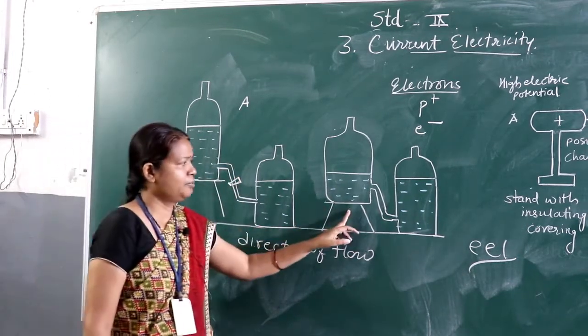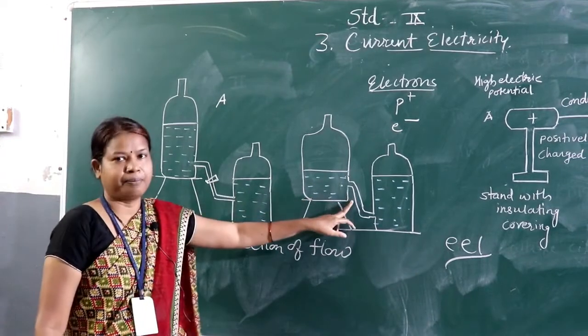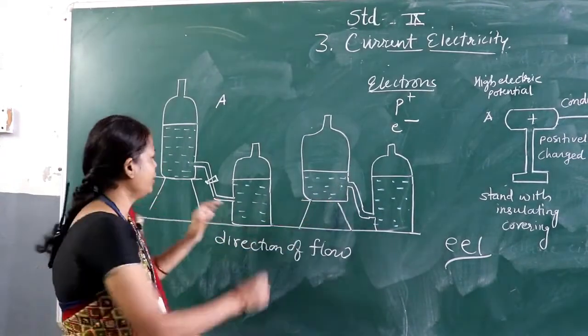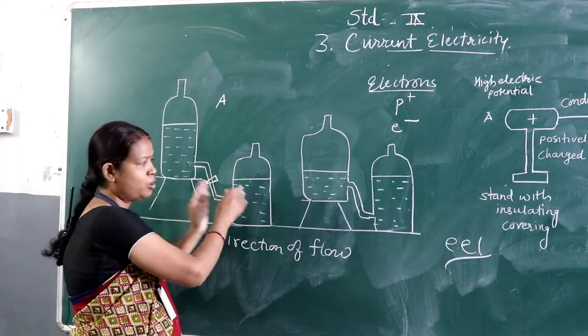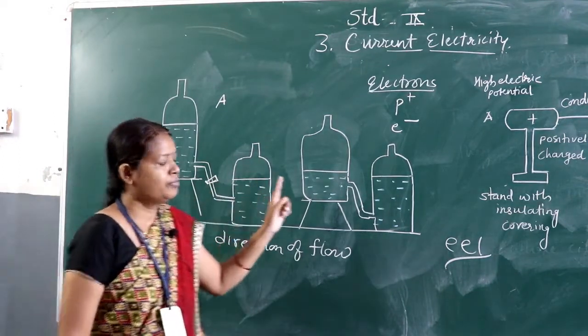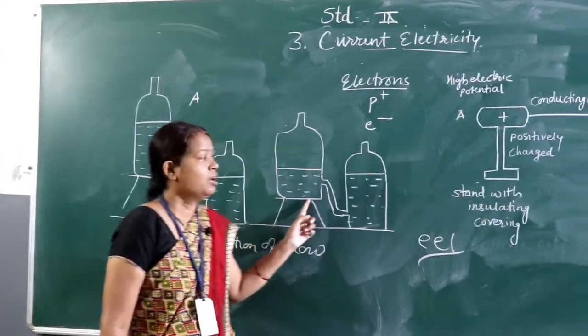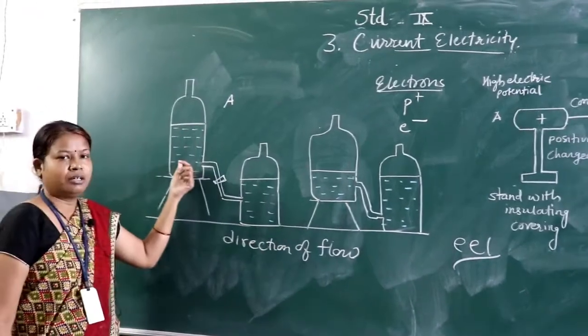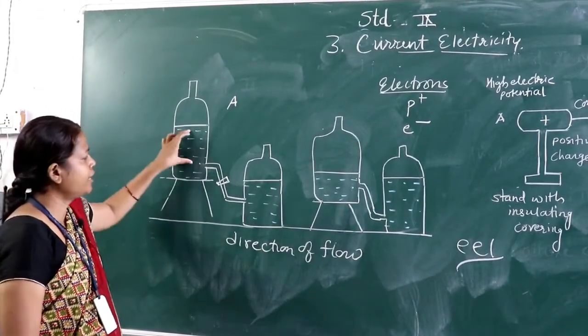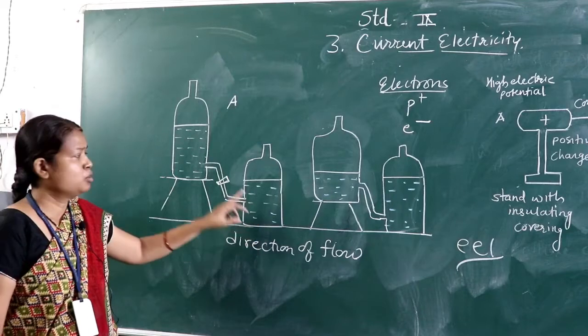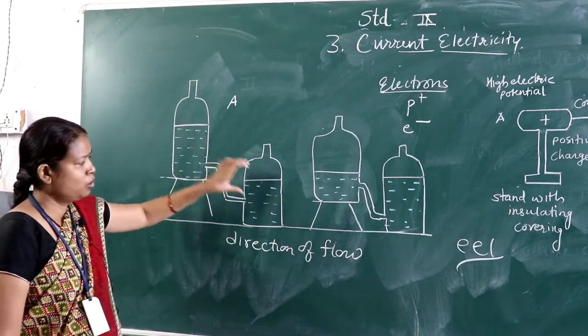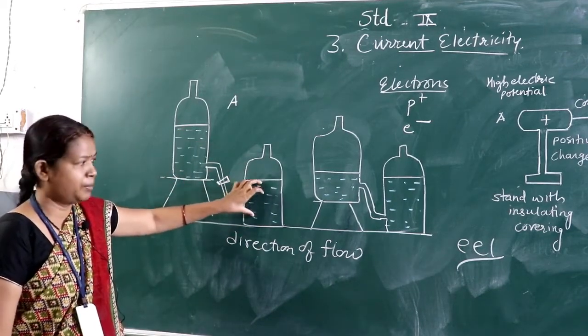In this diagram there is no clamp. This means if we remove the clamp from these two bottles, what will happen? In the first case, the water transfers from the higher level to the lower level. So this becomes one terminal.